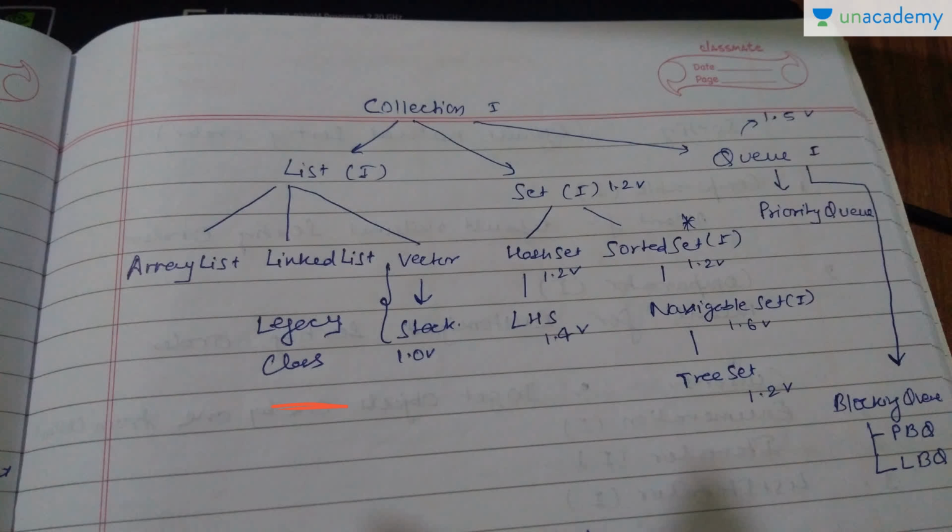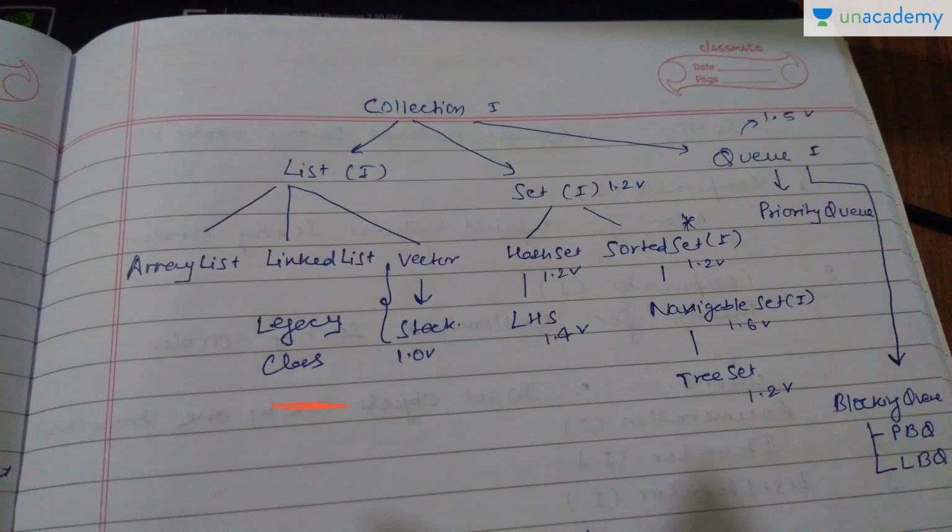Wherever we see some version like 1.0 or 1.2, those were implemented in those versions of Java. So Vector and Stack are legacy classes, and Stack came into the picture in version 1.0.